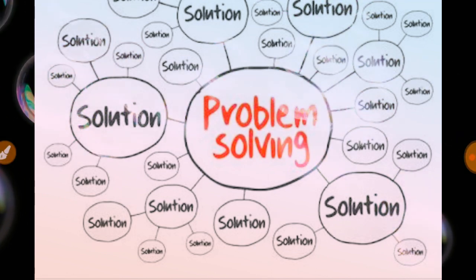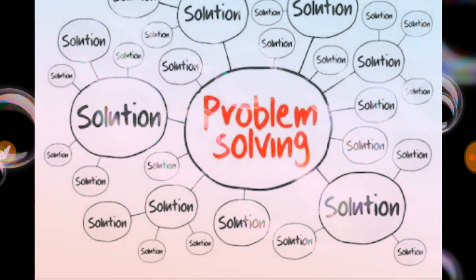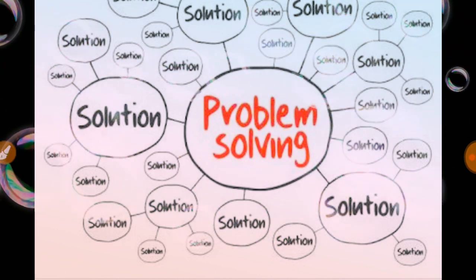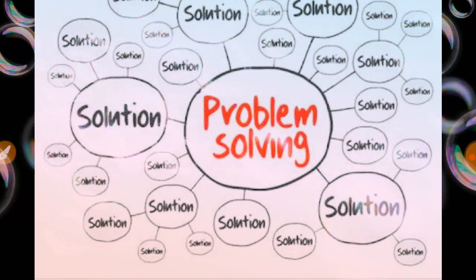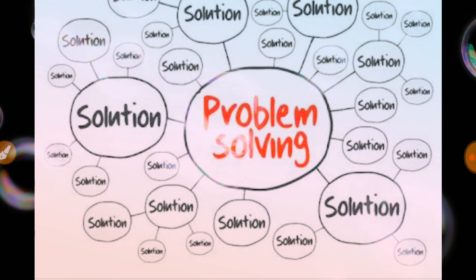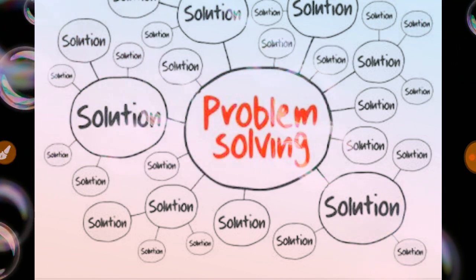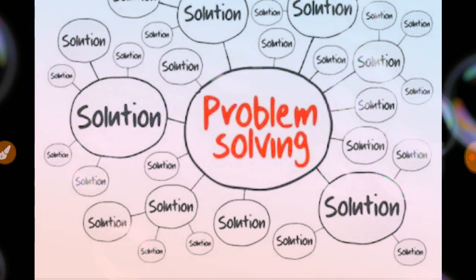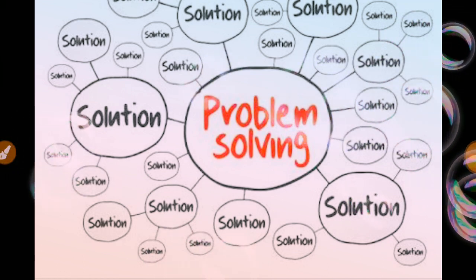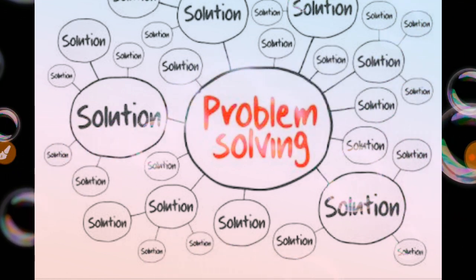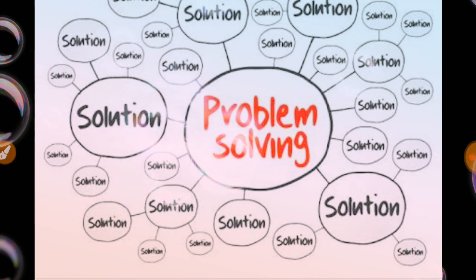So here, before starting or performing our research study, we have to find the particular problem. After knowing the problem, we can find the solutions. In this approach, possible solutions are carefully evaluated and one of them is chosen for implementation.